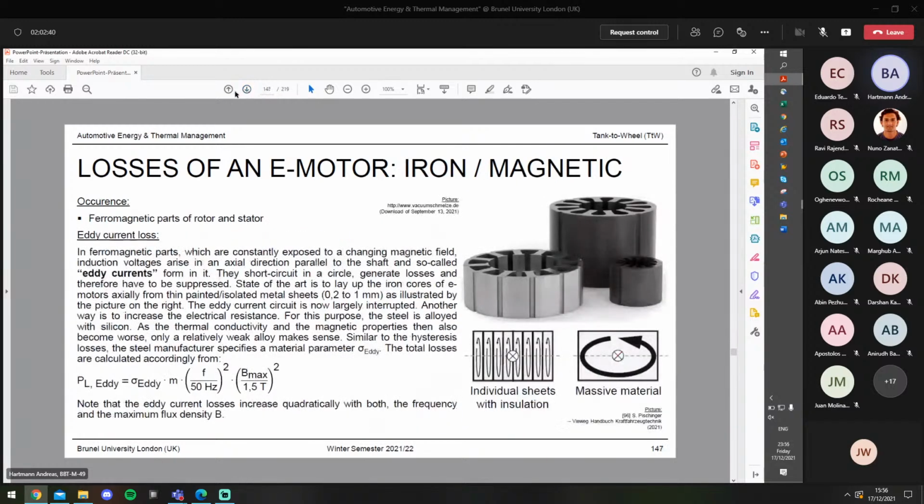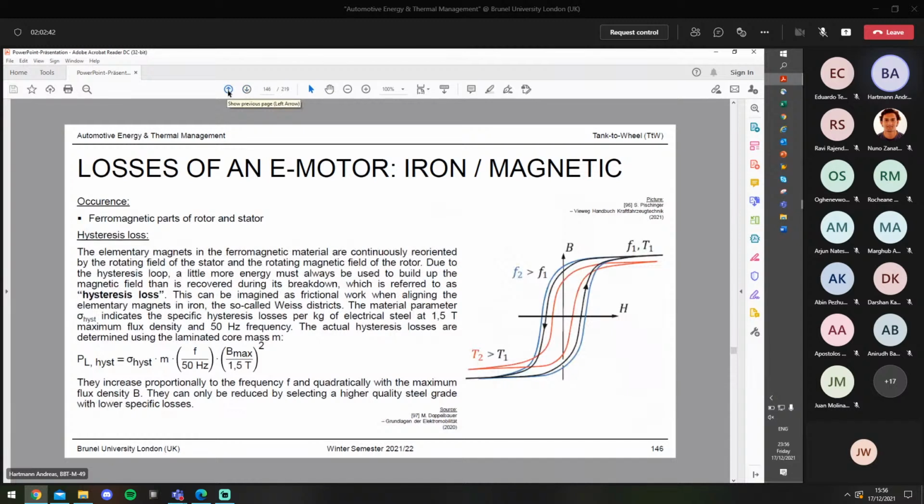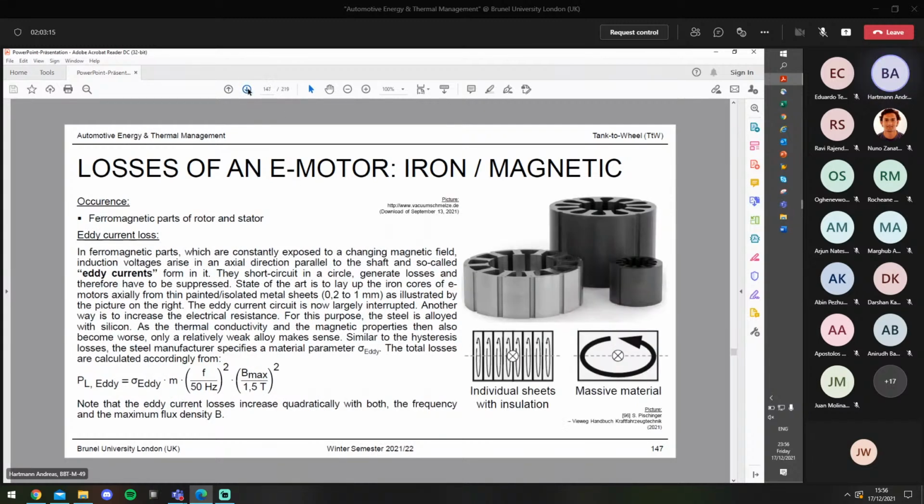Another negative effect, another contributor to the losses of an e-motor, is the so-called hysteresis loss. So when applying an electromagnetic field to the ferromagnetic material of the e-motor, of the stator or the rotor, there are always losses occurring, which again create heat, which then needs to be cooled away.